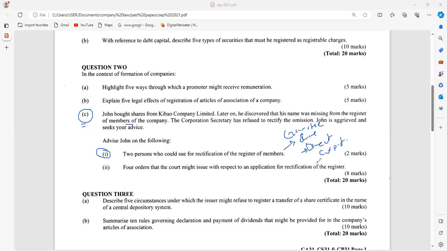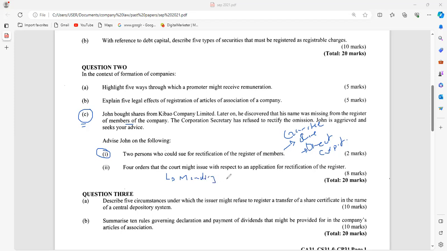Now 4 orders. So if you sue because you want the register to be corrected, what 4 things might the court do? Number 1, the court can order the company to enter your name there. So that will be a mandatory order. Okay.